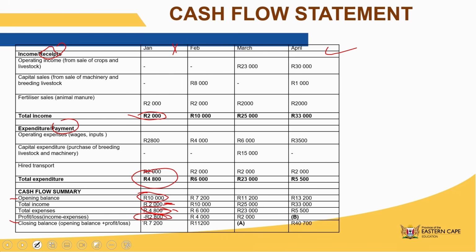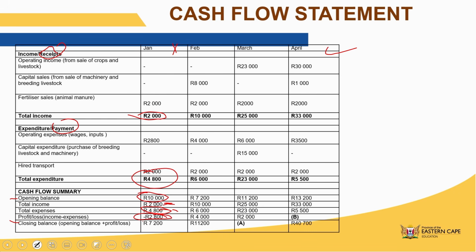We have the closing balance. To calculate the closing balance, we have a formula that we use. But this formula depends on the net income, whether there's a profit or there's a loss. So closing balance is equal to opening balance plus profit if there's a profit, but minus loss if there was a loss. For example, in January, we have a loss.